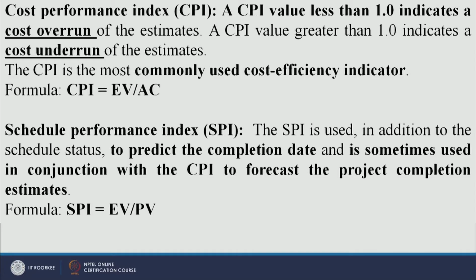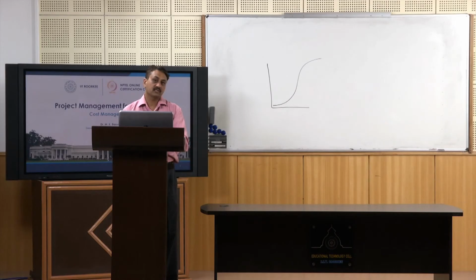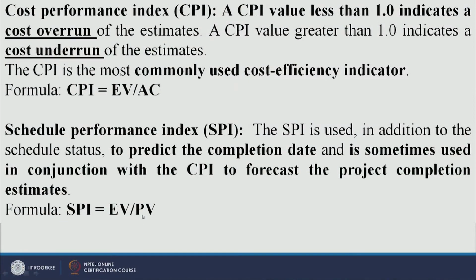So, let us say your project is getting delayed by, let us say, 1 month, and you also know how much was the budget and how much you have actually spent. On the basis of all that available information, you can now predict how much time it will take to complete, right. So, SPI is the ratio of earned value to planned value.